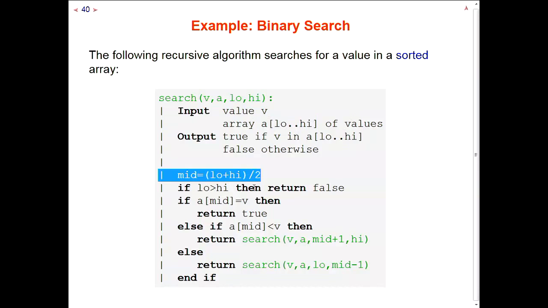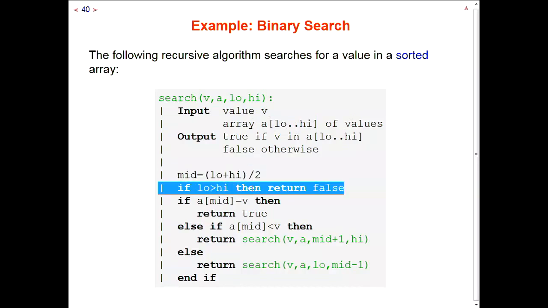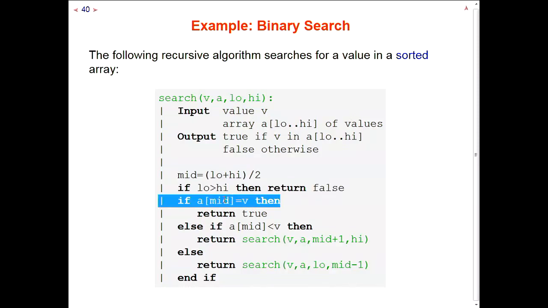As a matter of fact, it would have made more sense to put that as the first statement rather than computing the mid first before doing that check, but it doesn't really make a difference. Then if you happen to find the element v right in the middle of the boundaries low to high, you can return true. You found the element. If the element in the middle is smaller than v, then you recursively search in the upper half of the boundaries.